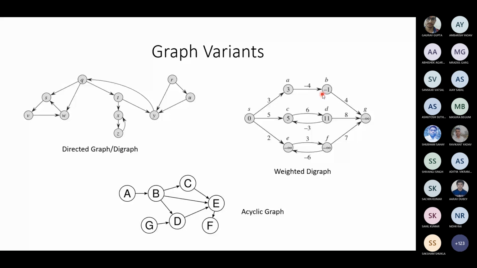Also, you will come across some graphs where edges have some weight. If you have to travel from this node to this node, it may take 3 kilometers, or from this node to this node, it may take 5 kilometers. From this node to the E node, it may take 2 kilometers.